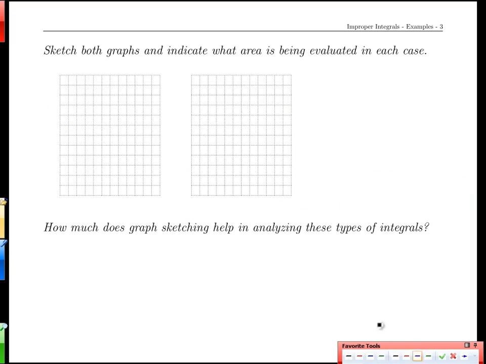Now it's worth at least looking at the graphs here for a brief instant. If we look at the graphs of 1 over t squared and the graph of 1 over t, if that's 1 and that's 1, 1 over t would go down to a half, then down to a third, then down to a quarter, and has an asymptote.